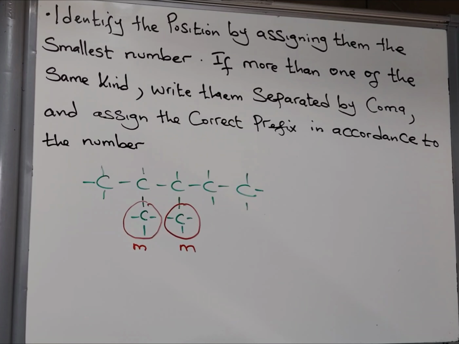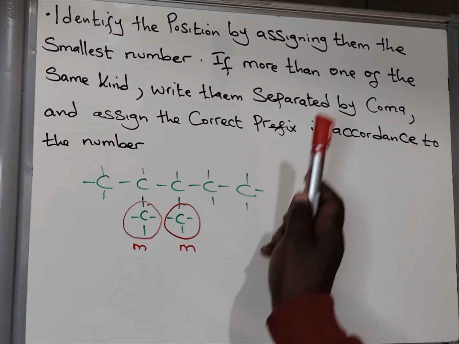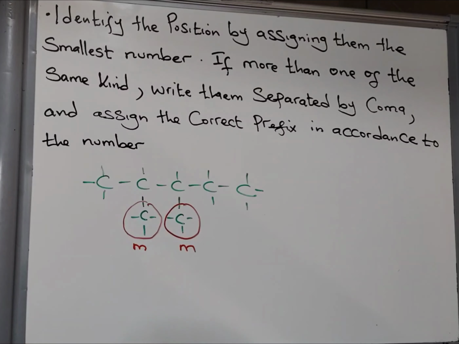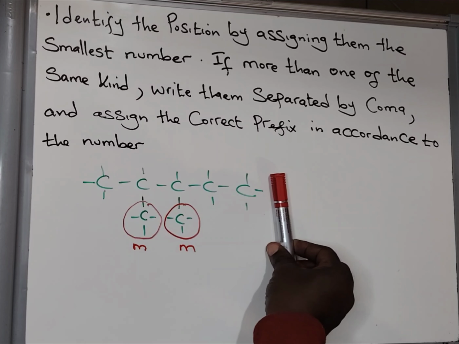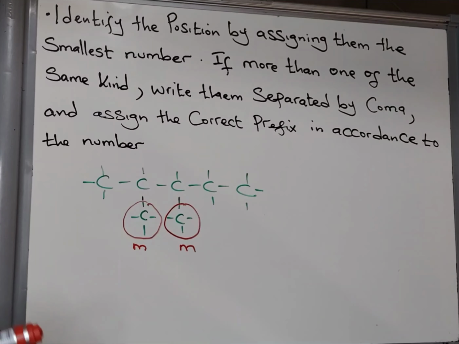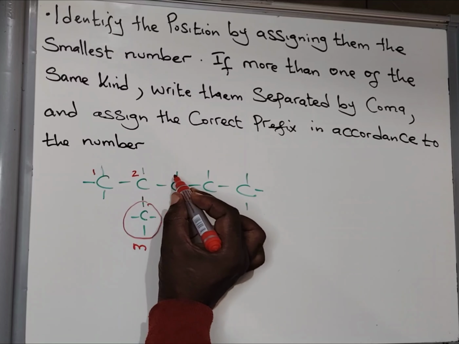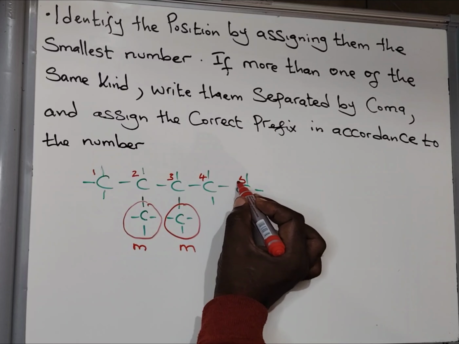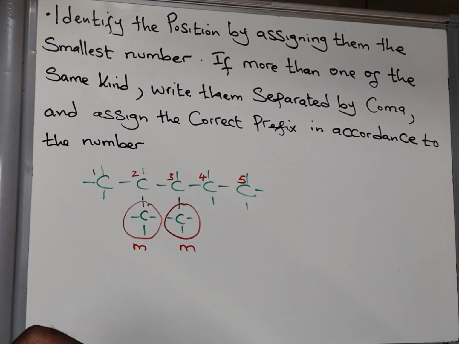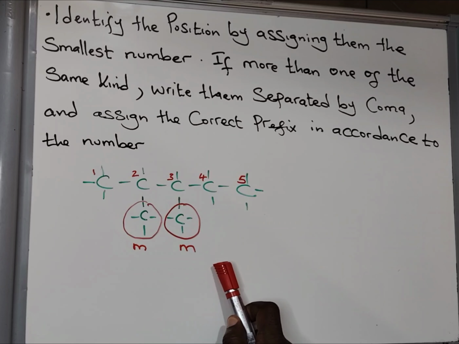The statement says that we must assign them the smallest number. If you start from the other side, it will be bigger numbers. So this one is going to be our number 1, number 2, number 3, number 4, number 5, because it assures the smallest numbers of these two.